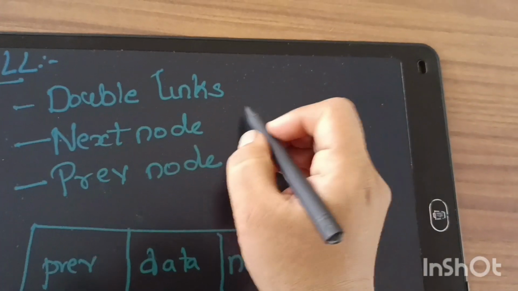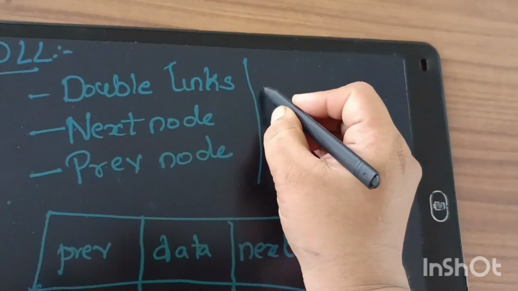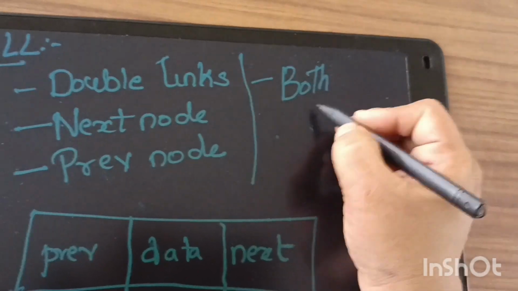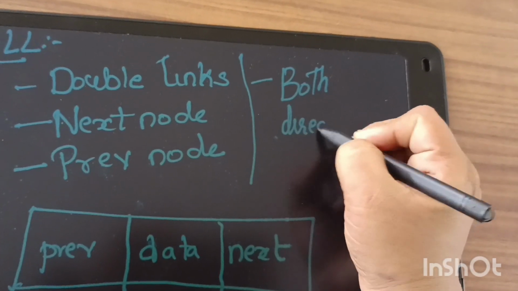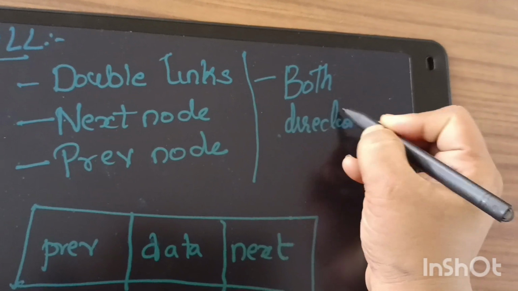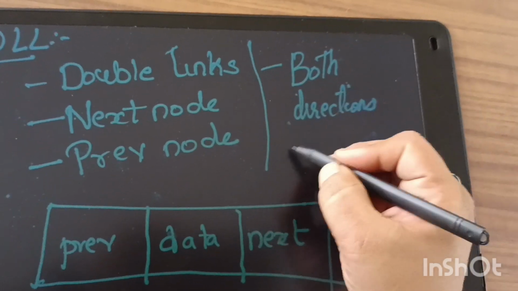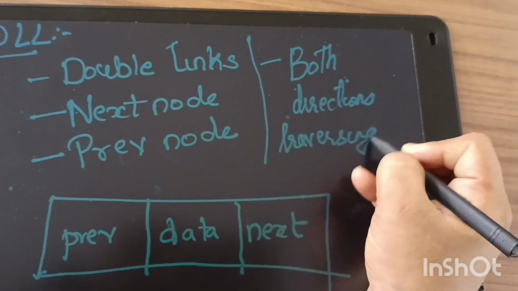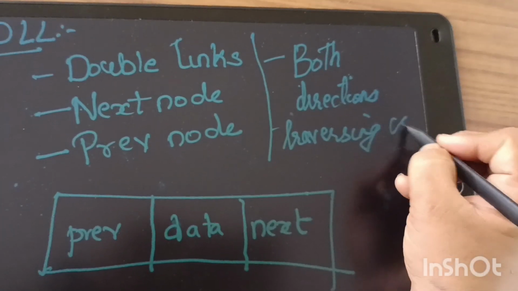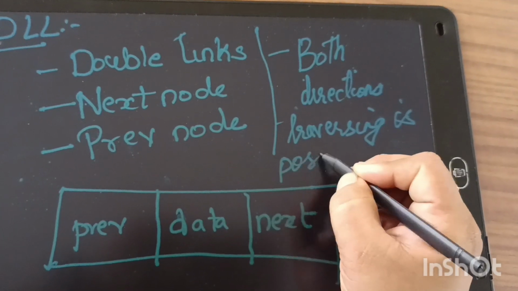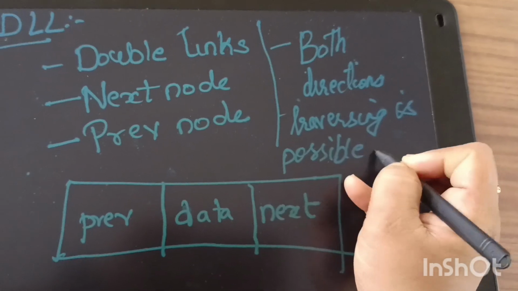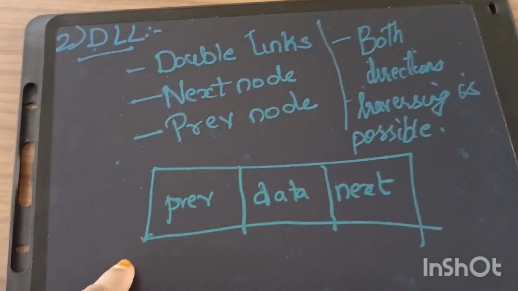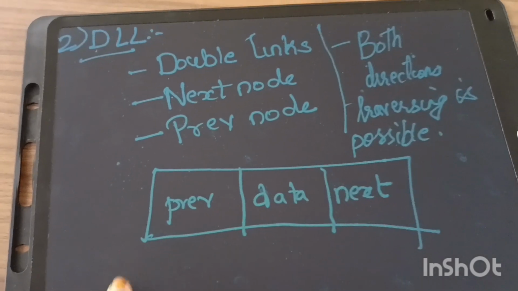So traversing in both directions is possible. This structure allows us to move forward as well as backward.